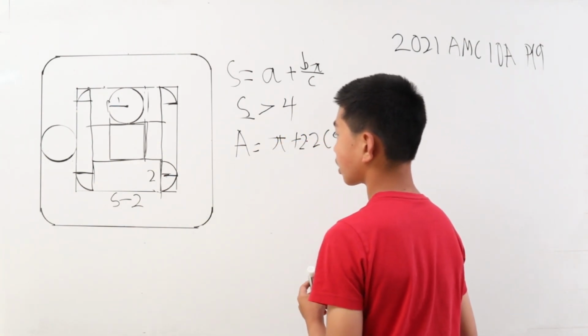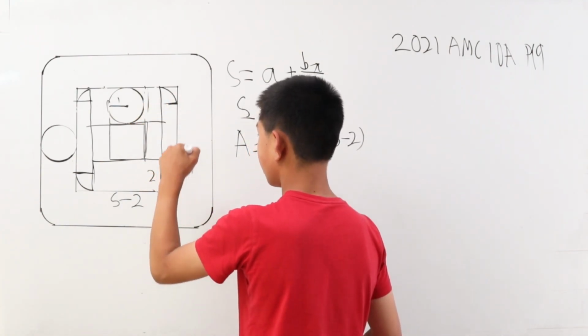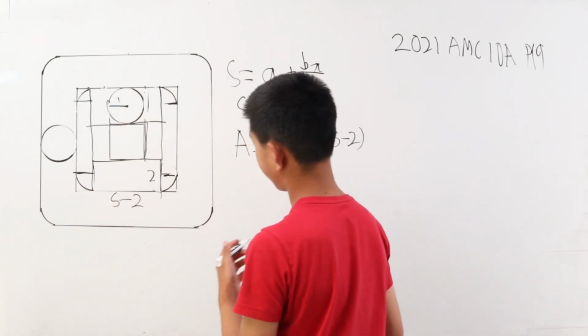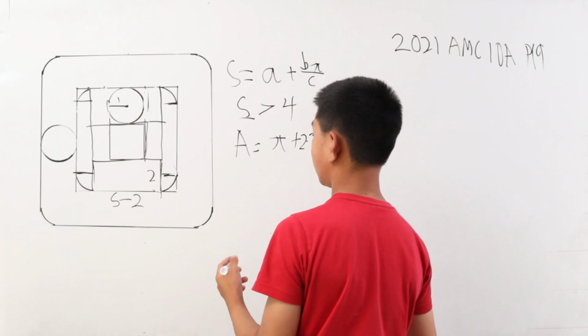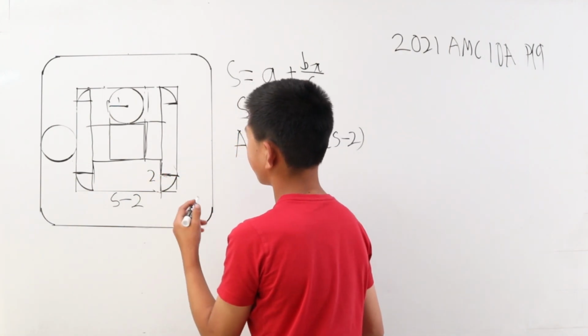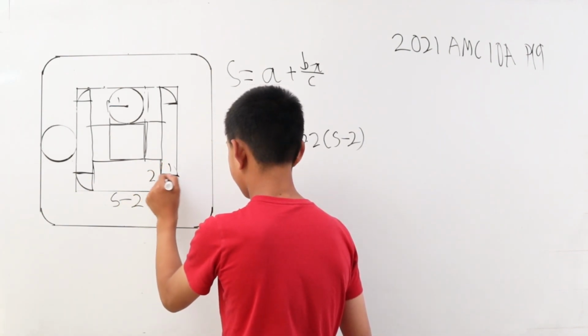Now we want to find the length of these rectangles. The length is 1, because this is the radius here.